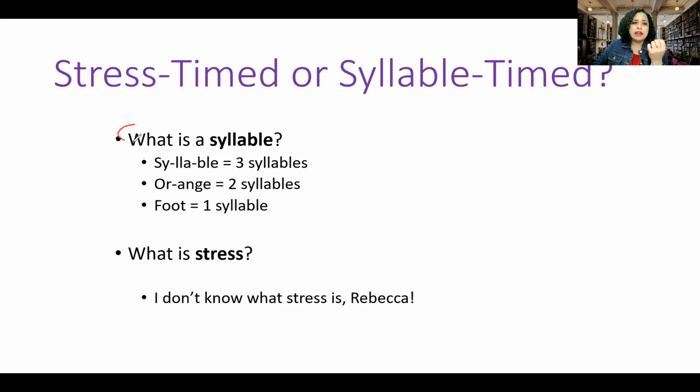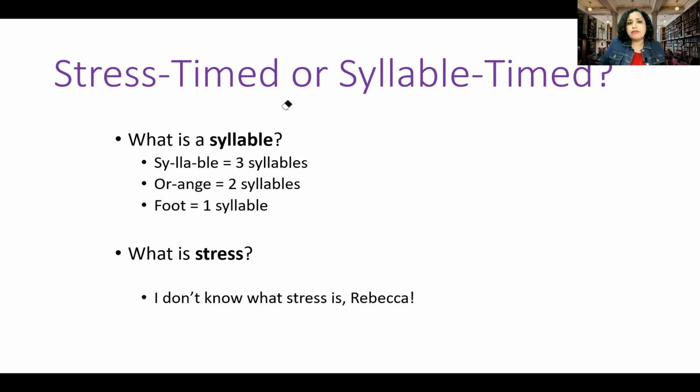We need to understand what a syllable is. A syllable is actually a part of a word. We can even have words made of one syllable, and this is the same as in Spanish. Every word can be divided into 1, 2, 3, or more syllables, depending on the size of the word.